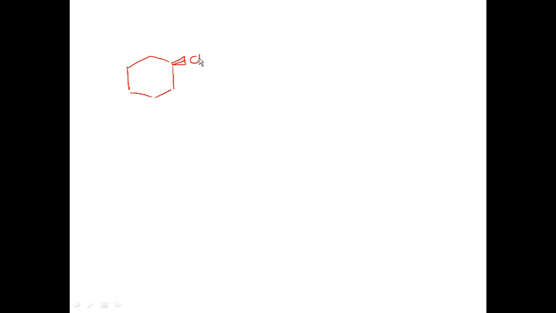So if my chlorine is above the plane of the ring and my hydrogen is then below the plane of the ring, then it can be removed with a base. So if I bring in my tert-butoxide, it can remove HA, this pair of electrons moves here, the chlorine gets kicked out, so that I can form the double bond here.